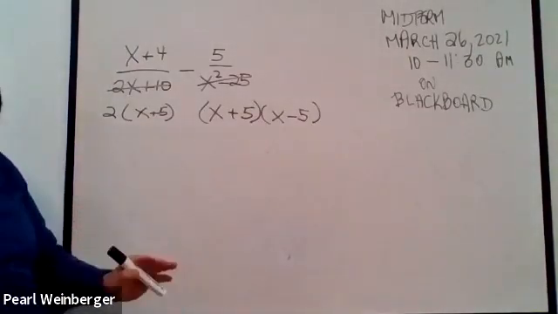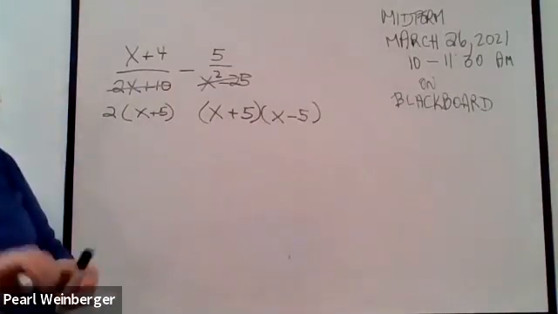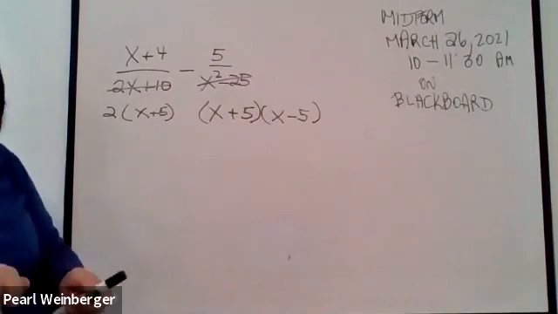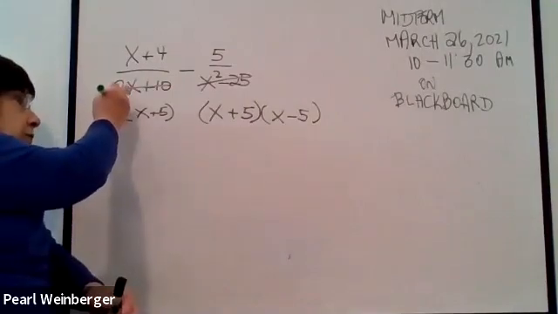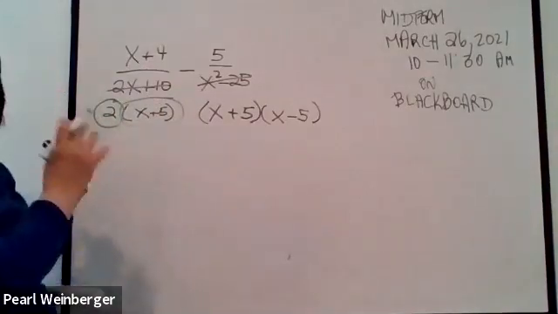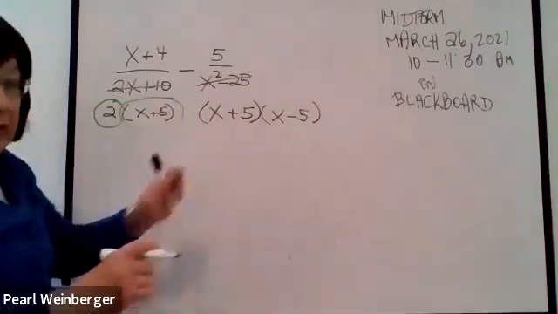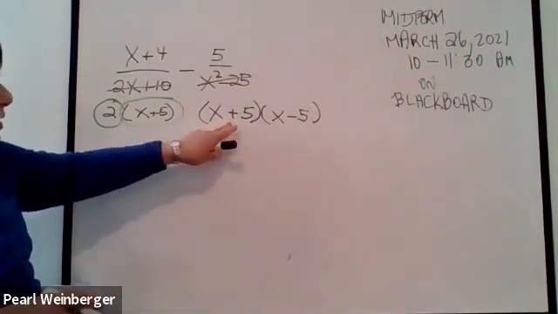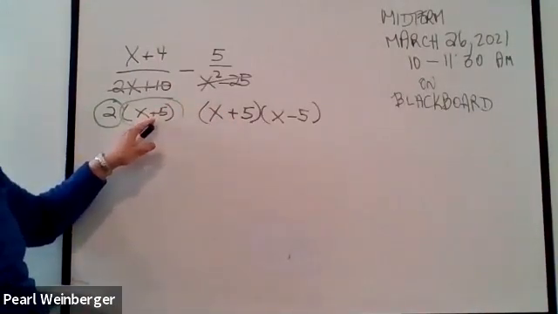Okay, so now we've got it factored. Now we've got to pick out what our different factors are so that we can find our common denominator. So remember what we do. We circle. The first thing I see is a 2. I circle it. The second thing I see is an x plus 5. I circle it because that's all part of the first fraction. And then I go to the second fraction. The first thing I see is an x plus 5, but I already have an x plus 5 circled.